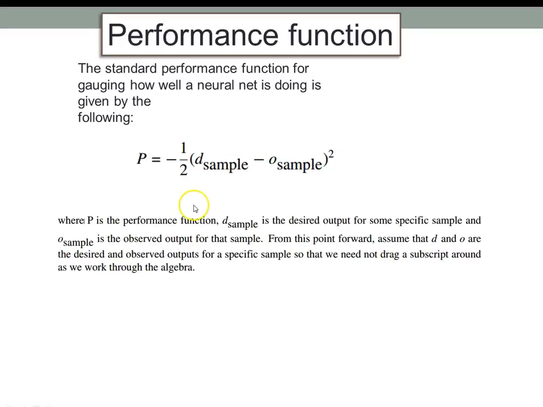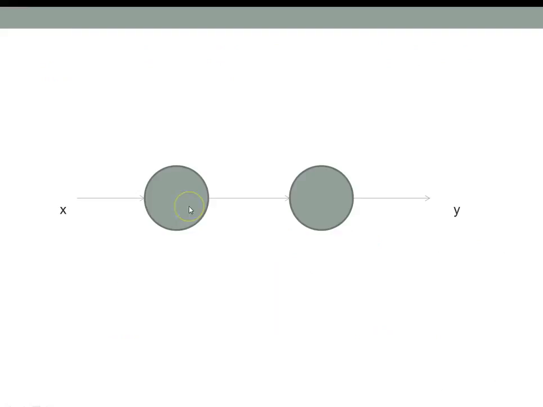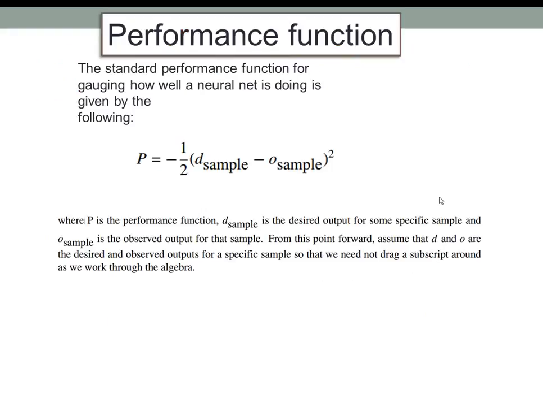We're going to send it through the network, and it's going to make a prediction. Then we're going to look at the difference between the prediction and the actual true value. So we're going to look at how well it did as compared to what it should have done. And that's what this means.